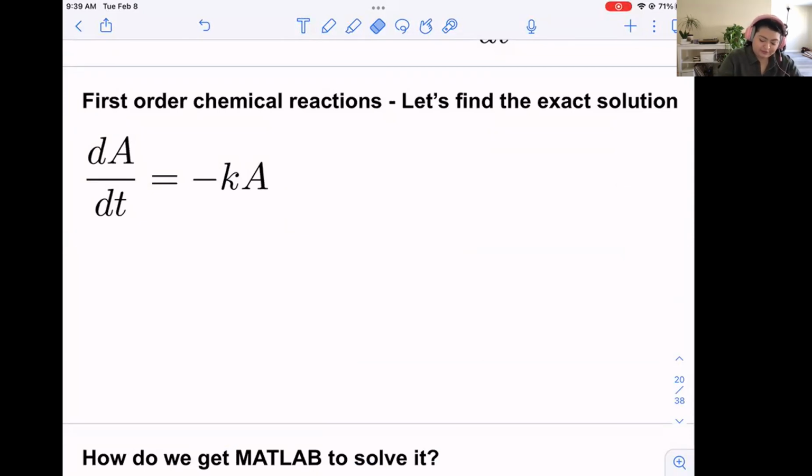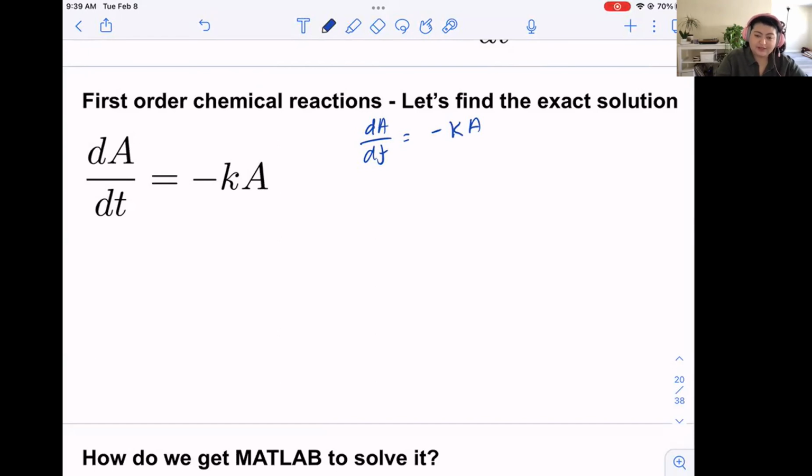Okay, so let me just rewrite my differential equation. So dA/dt is equal to negative KA. This is still a separable differential equation, and what that means is that we can separate the parameters. I know I have bad writing, so if there's anything that doesn't make sense, just tell me and I'll rewrite it.